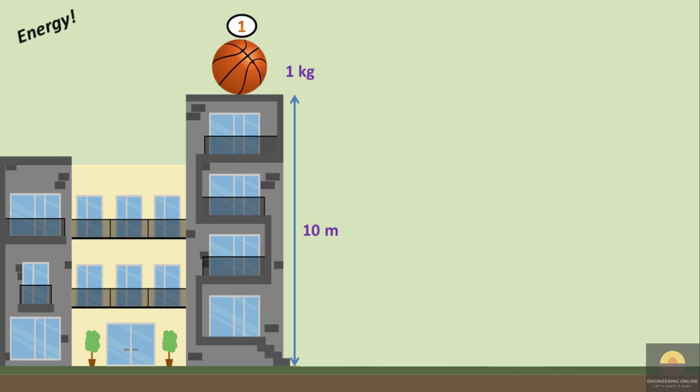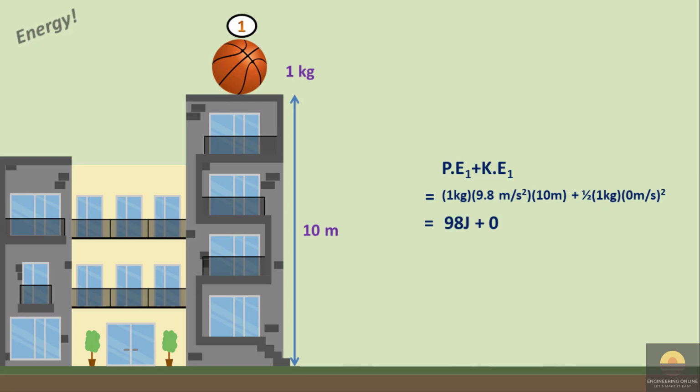And during this time, the kinetic energy is zero since the ball is not yet in motion. That is, PE1 plus KE1 is equal to 1 times 9.8 times 10 plus 1/2 times 1 times 0 squared, and will be equal to 98 joules plus 0. This is for equation 1.